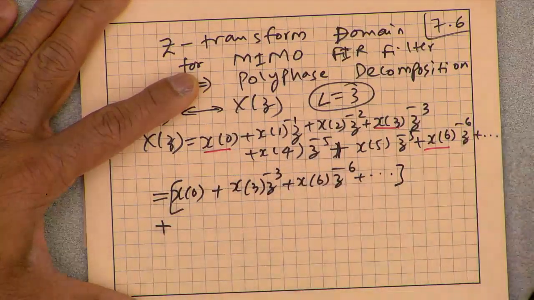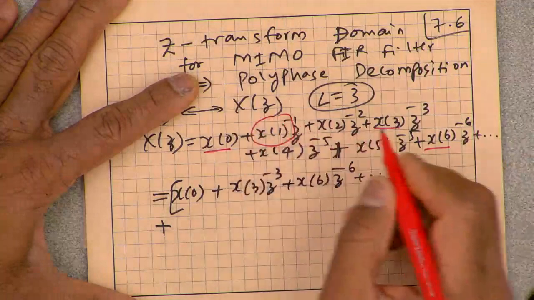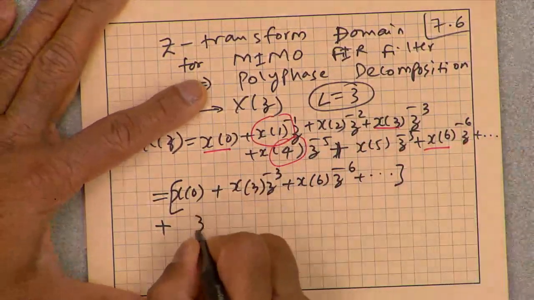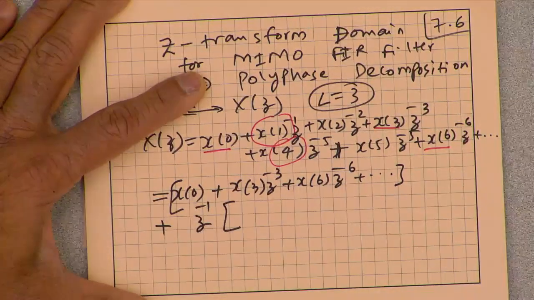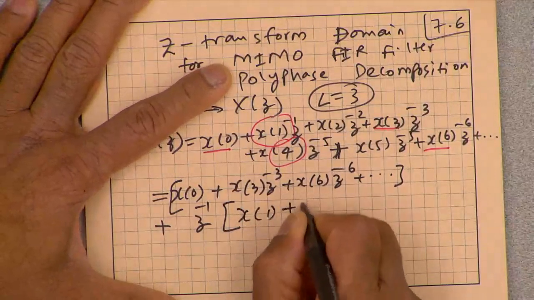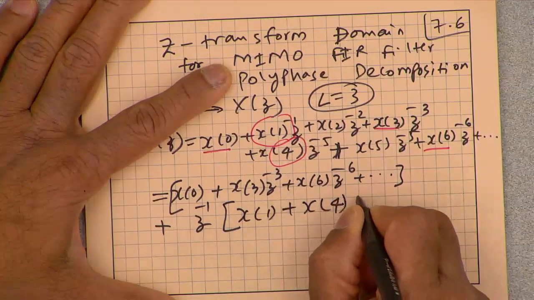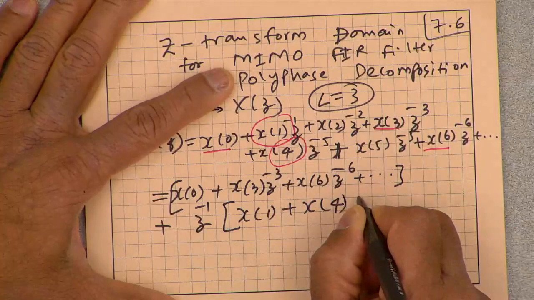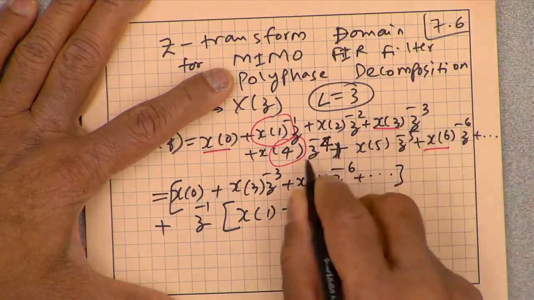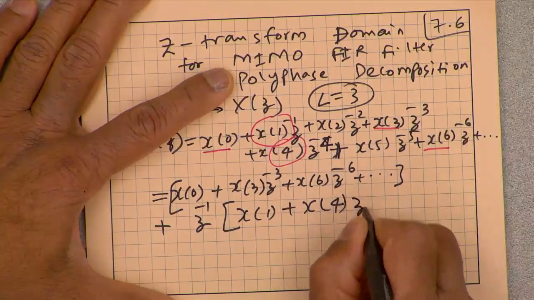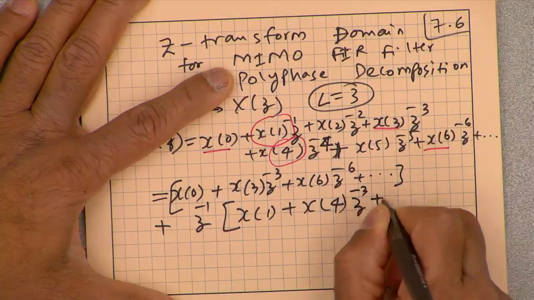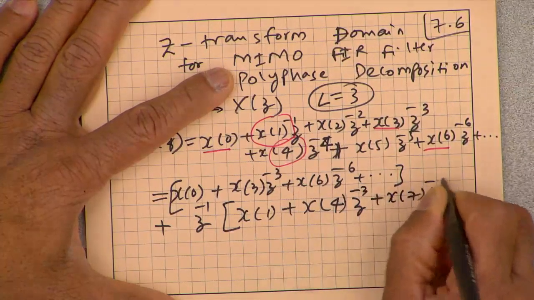Plus, group together 3L plus 1. Out of that take z to power minus 1 outside a bracket, and now I have x1 plus x4 z to power minus 3 plus x7 z to power minus 6.